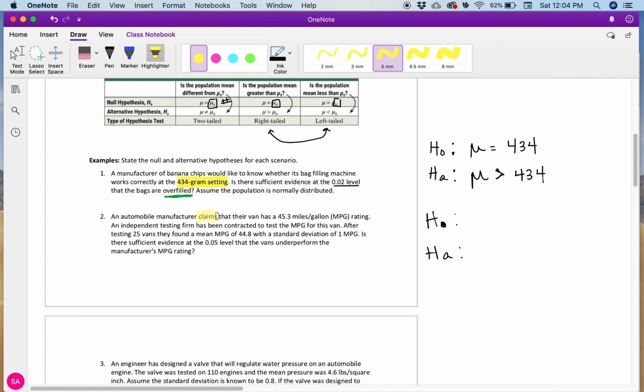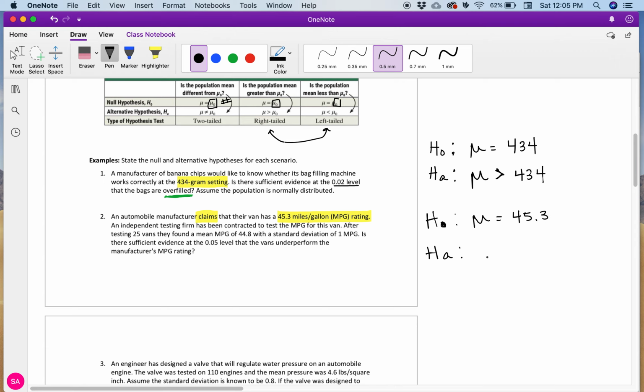Keyword, they're claiming that their van has that rating. So that is our null hypothesis. If a problem says this was designed to perform at this level, or they claim that it works at this level, that's your null, because that's what we're assuming to be true. So for our null hypothesis, mu is equal to 45.3.